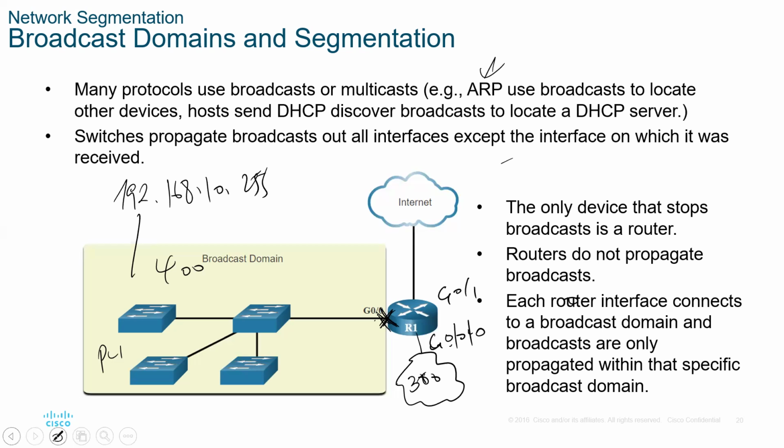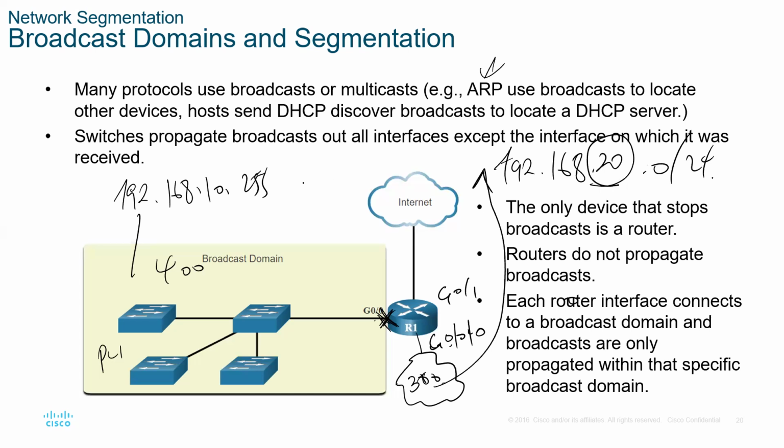That is the broadcast address. You see another network like this one; probably its network IP address is 192.168.20.0/24. Because we have a .10 here and a .20 here, those are two different networks. So even if this broadcast gets to this side, it will be dropped because it is going to a different network.